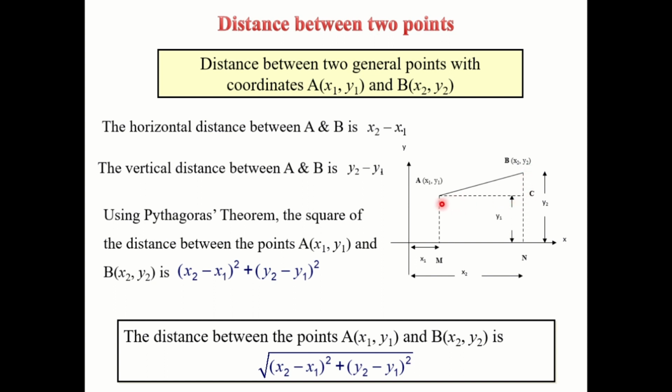Now you know AC is x2 minus x1 and BC is y2 minus y1. Then we can write AB is equal to square root of (x2 minus x1) whole square plus (y2 minus y1) whole square. This is the distance between the two points whose coordinates we know, that is x1, y1 and x2, y2. Now we are going to solve one problem.